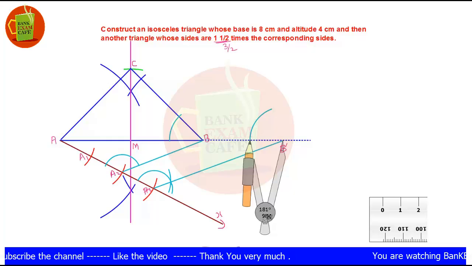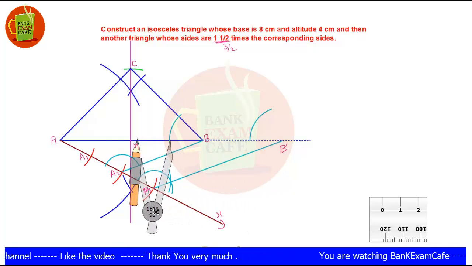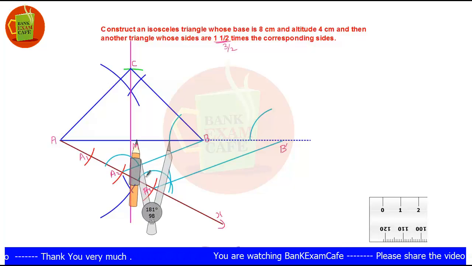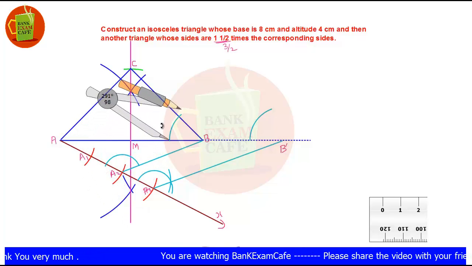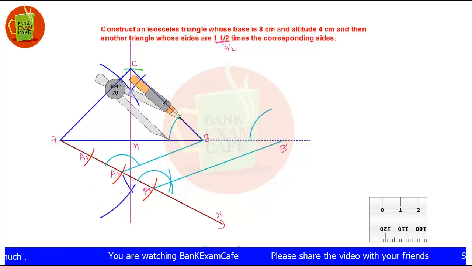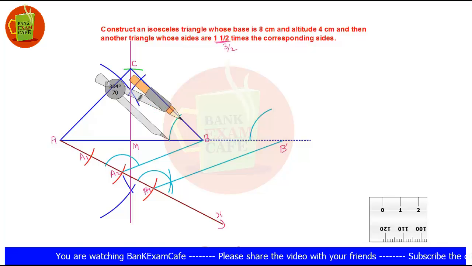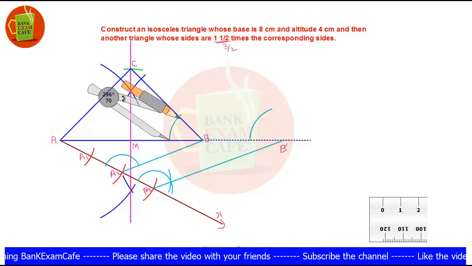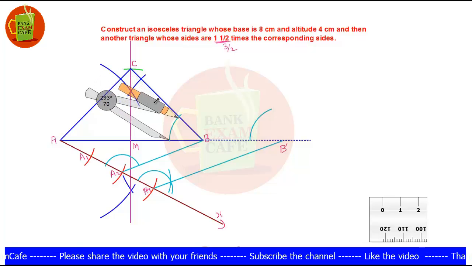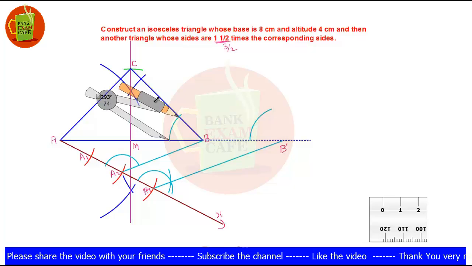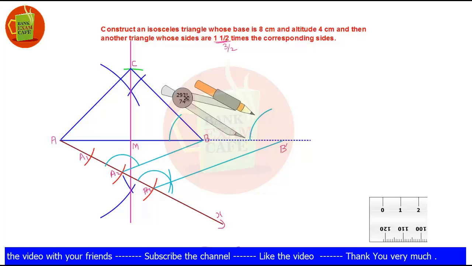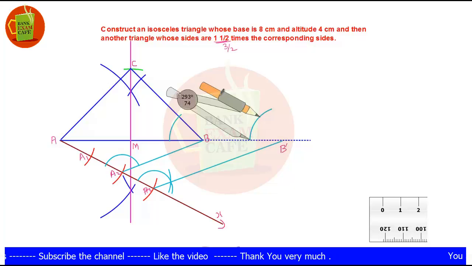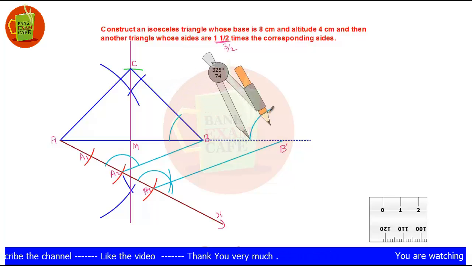Now taking this point as a center and a distance between these 2 points of intersection, take this point as the center and draw an arc cutting the previous arc.